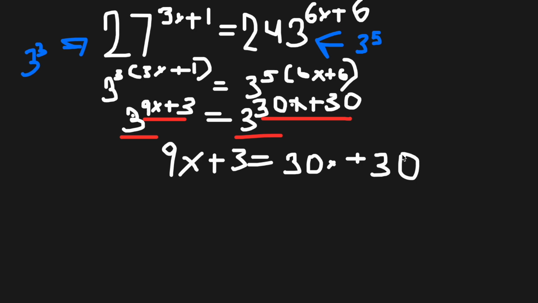Now we're going to simplify this even further so that we can find what x truly is. We're going to subtract 9x from both sides and subtract 30 from both sides.